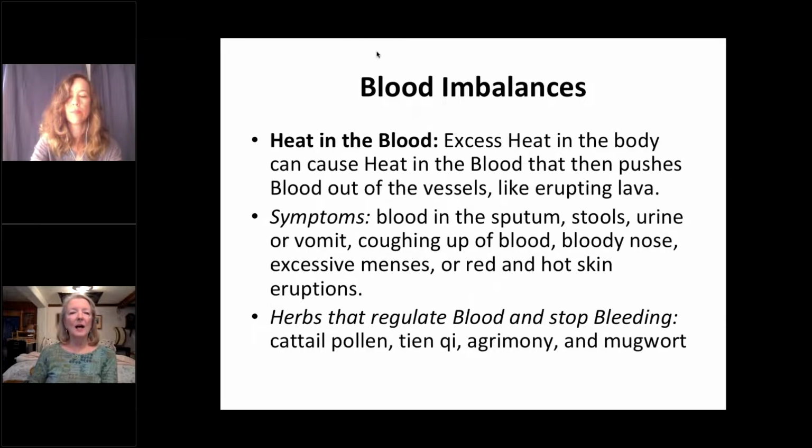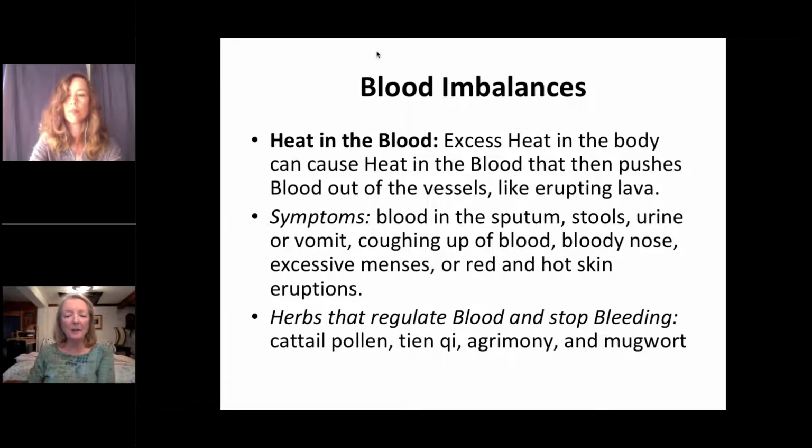Okay, so not only can we have deficient blood as an imbalance, but we can also get heat in the blood. And heat in the blood, it's almost like a volcanic eruption where the heat, we don't have the pressure here, but the heat makes it boil so strongly, this is metaphorically, that it's pushed out of the vessels.